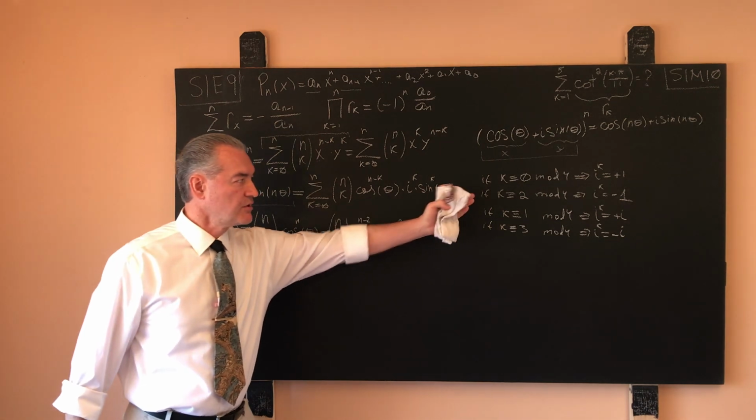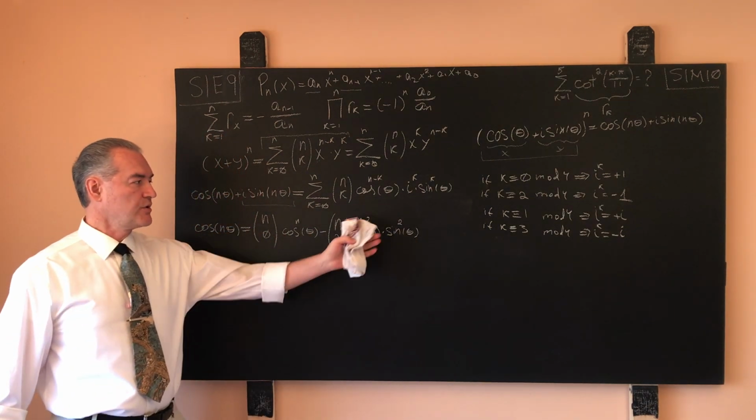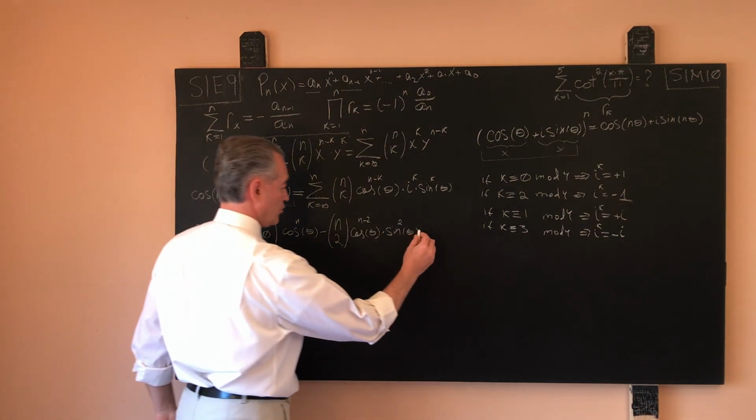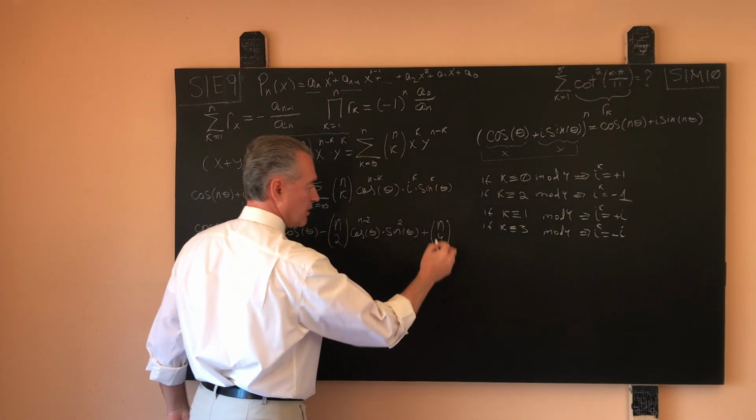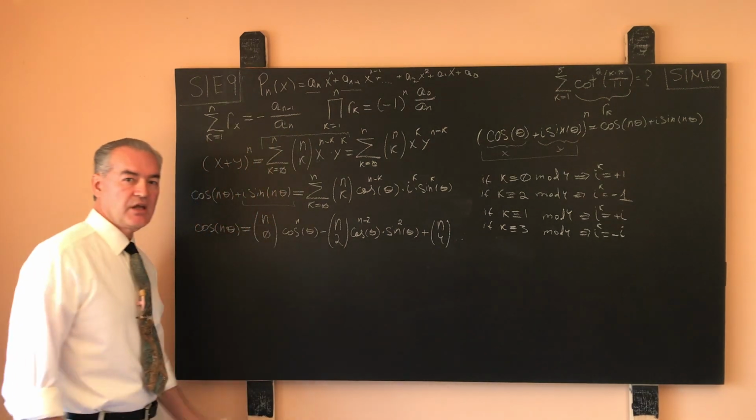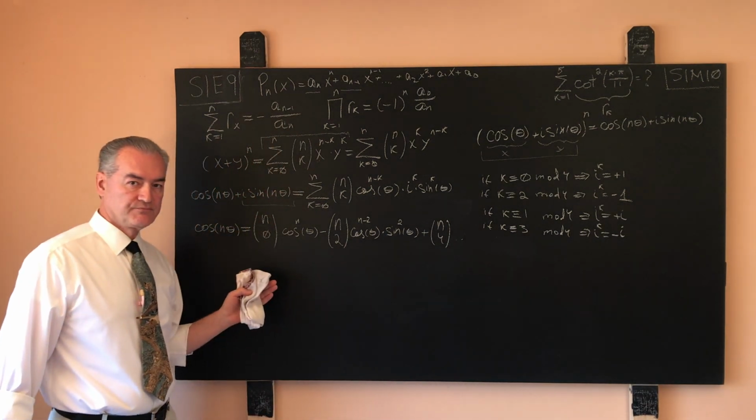This is this case over here. What will the next term be? Well, the next term will be plus n choose 4 for the binomial coefficient, and so on.